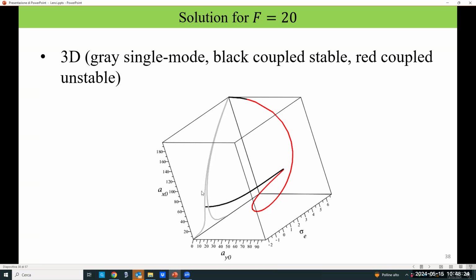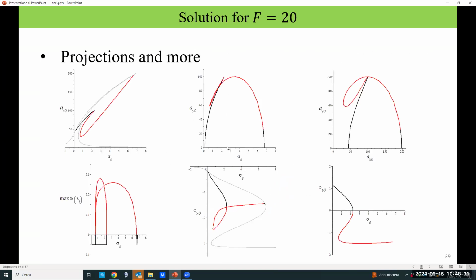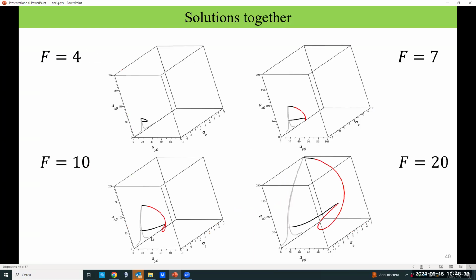That is what you are expecting if you are not taking into account this internal resonance. Okay, again, the projection. They are all together just to show what happens by increasing the excitation amplitude. F is the excitation amplitude. Start here, more important, even more important, and even more important.